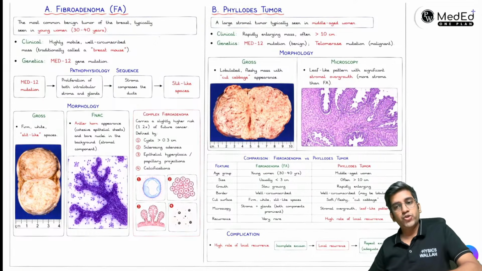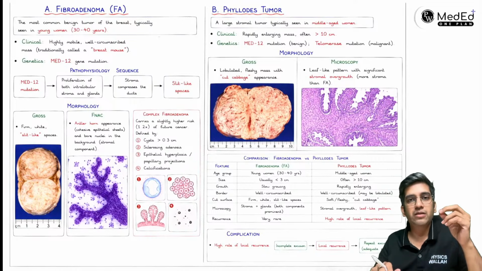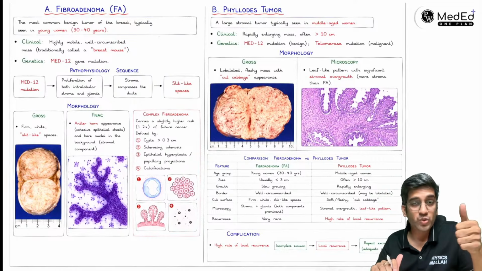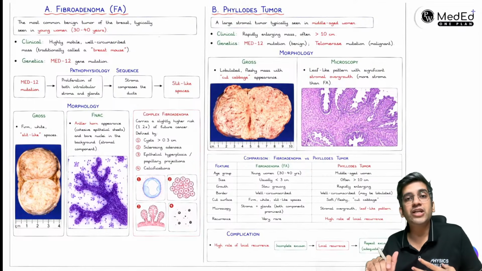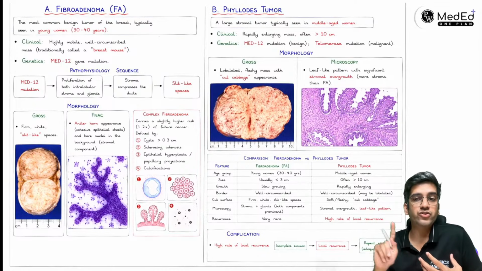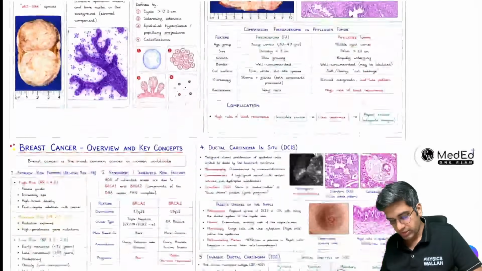Peau d'orange appearance, that's one. A question which says bloody nipple discharge, that also is one of the important clues. And if the question says there is itching and discharge in the breast, think of Paget's disease of the breast. History with respect to breast cancer tumors, fine?